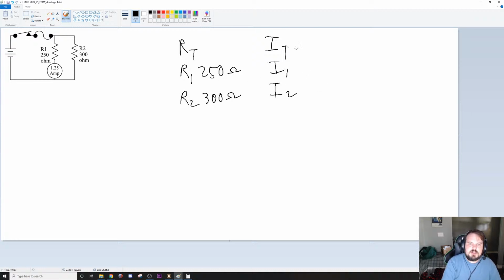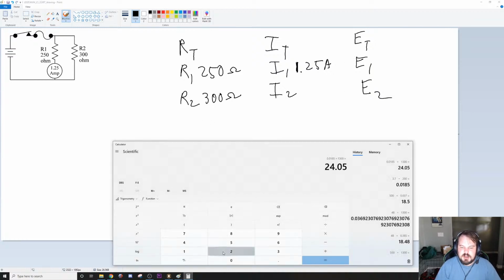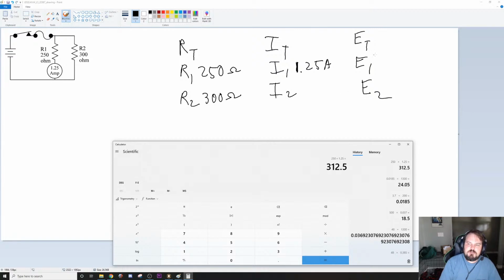We have I1 is 1.25 amps. E total, E1, E2. We can multiply across and get E1. It's a parallel circuit, so that will be all the voltages. 250 times 1.25 is 312.5.